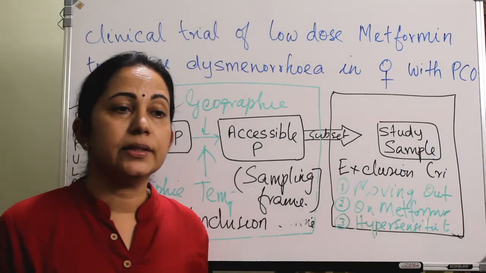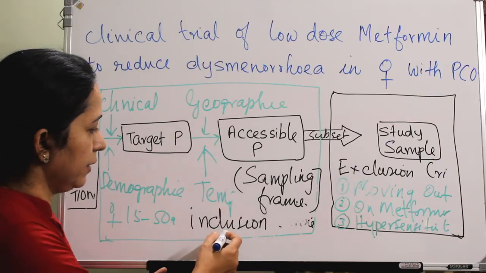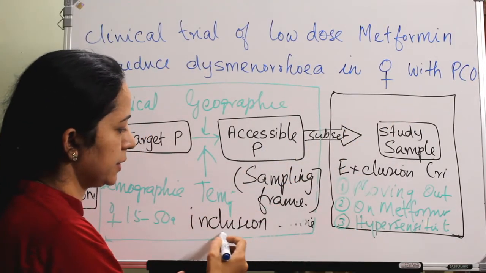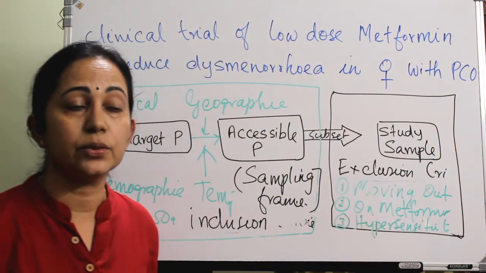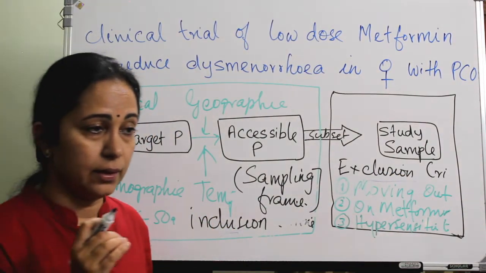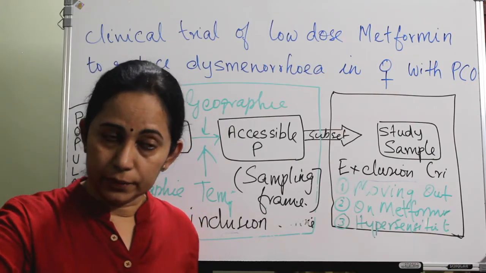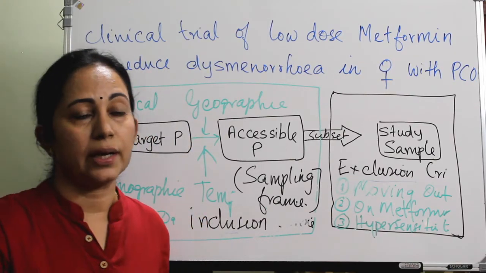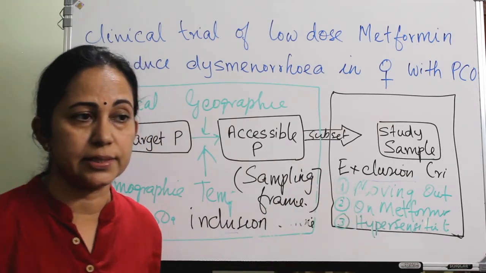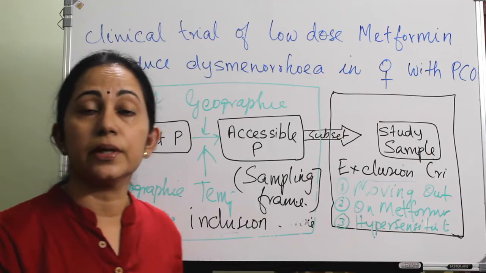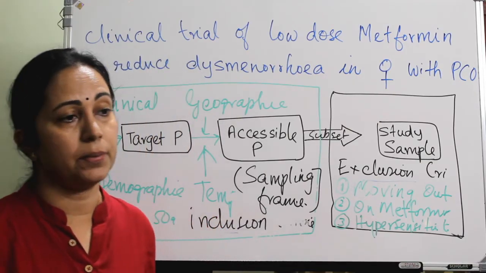Okay. Internal validity of the study is decided by this phase, that is sticking on to inclusion criteria, sticking on to exclusion criteria, not only at the phase of designing, but through the whole period of conducting the study, so that it will reduce the bias, selection bias also.